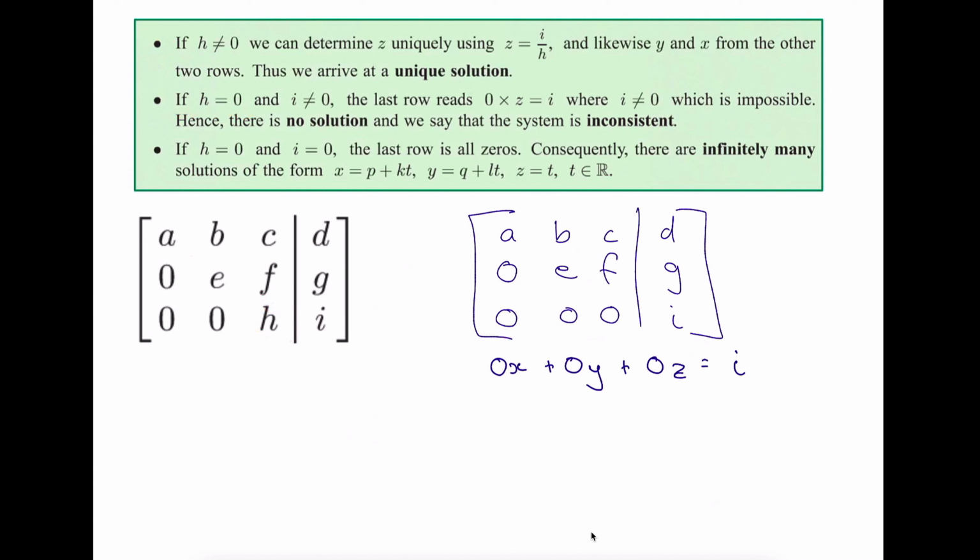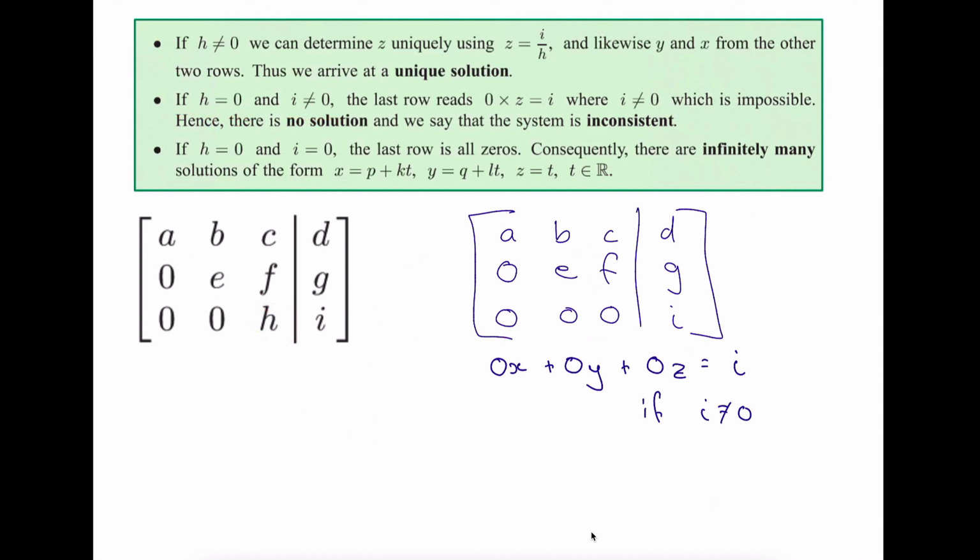Now if I doesn't equal 0, we can't solve that. There's no solution. There's no values that we can have for x, y, z because there's 0 lots of each to add up to a number. So that's what our second dot point is talking about. If h is equal to 0 but I doesn't equal 0, there is no solution. There are no values x, y, z that will satisfy all of those.